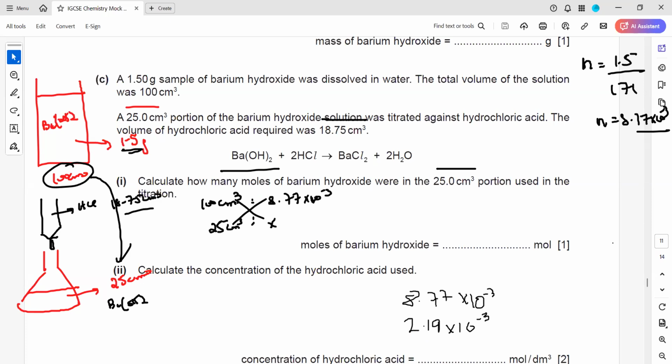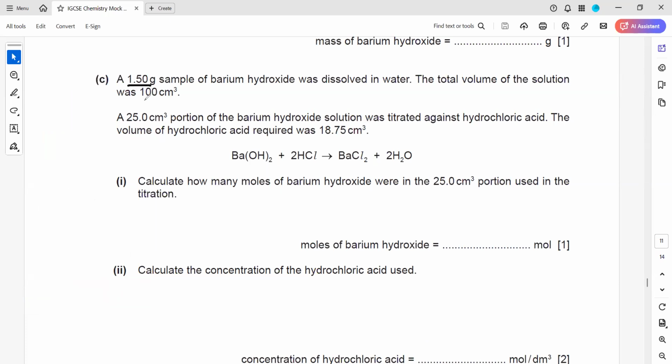Yes, I'll explain. Look, if you read the question, we had 1.5 grams and 100 cm cube. The total volume of this solution was 100 cm cube, and there was 1.5 grams of barium hydroxide in it.